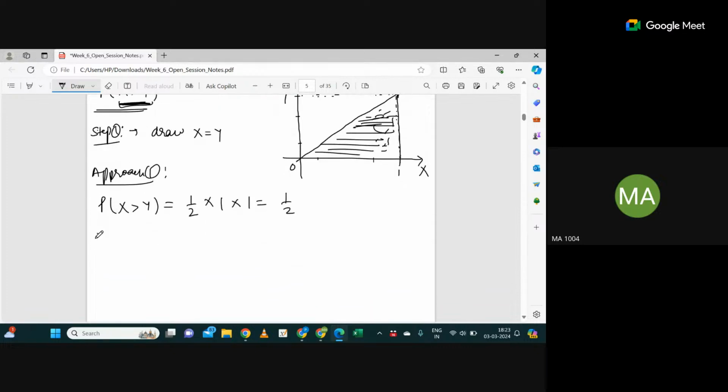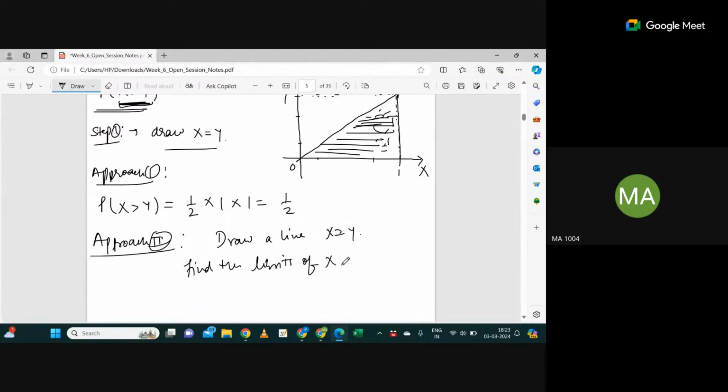But let's do approach two, which is what we will use most frequently. Anyone is correct, but try to understand the second approach. In the second approach, the very first step is to draw a line for the equality side, then find the limits of x and y.